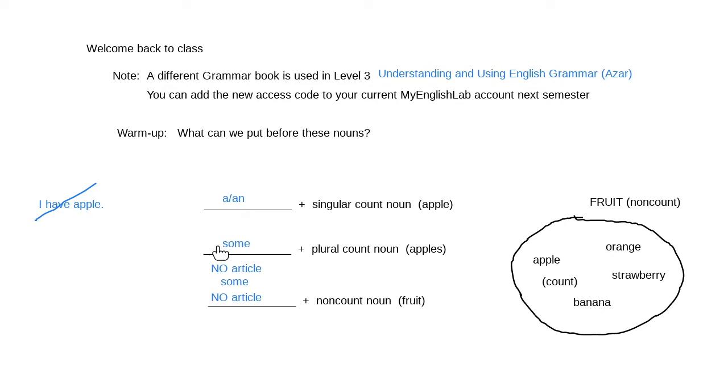So some or no article can go with them. So I have some apples. I have apples. Both of those are correct. With a non-count noun, I have some fruit. I have fruit. Okay, so we can put this right here, maybe. Any questions, guys?